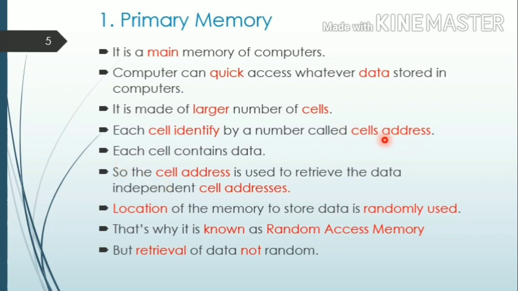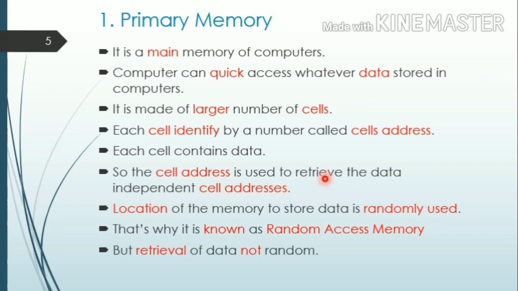It is something like your home address. Each cell contains data, whatever data is stored. The cell address is used to retrieve the data, and independent cell addresses are used for this.